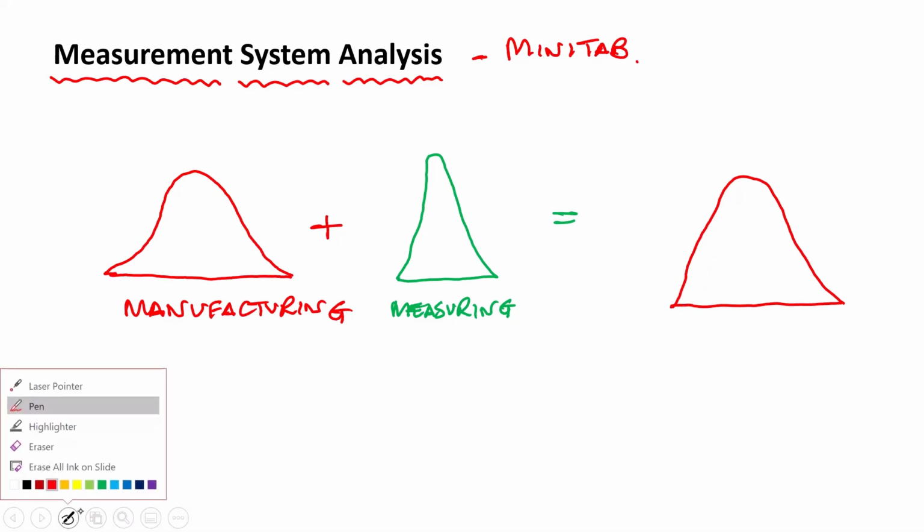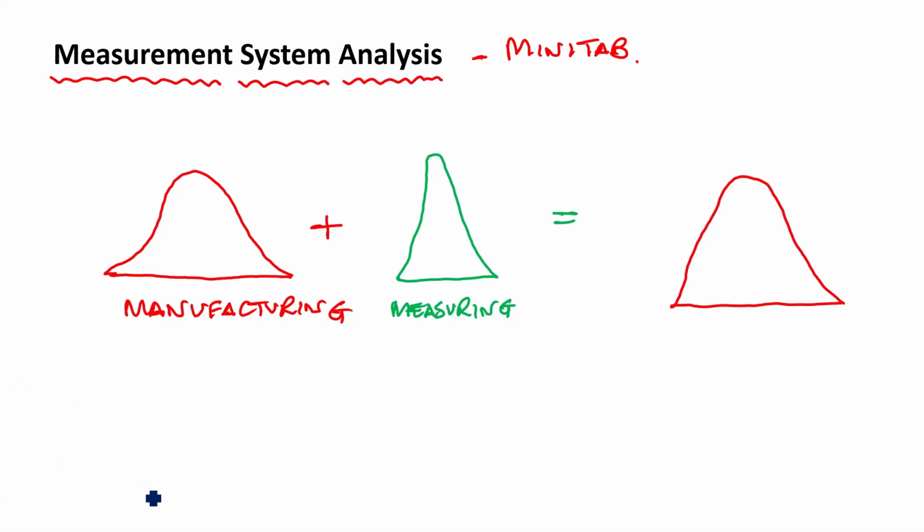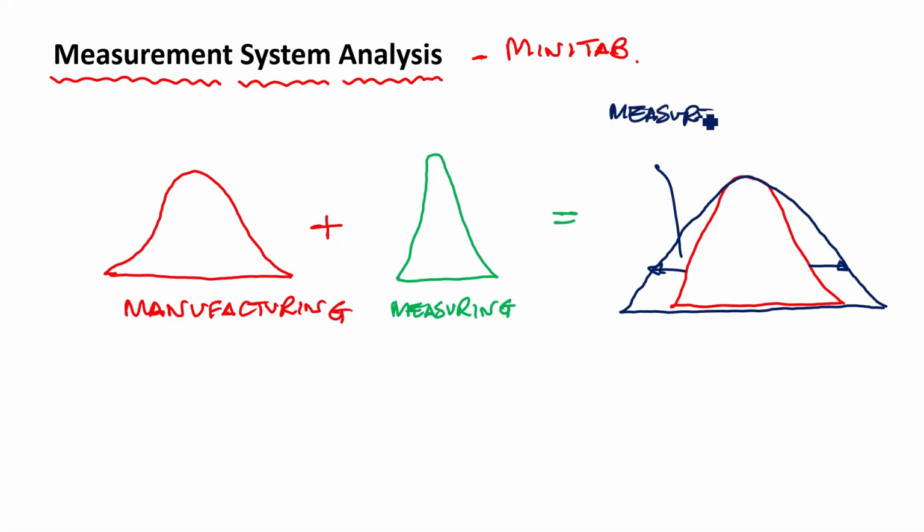The green distribution adds variability to it, and actually what you see is this dark blue result, which is always bigger than the original result that is underlying it, and the difference between the two is your measurement error.